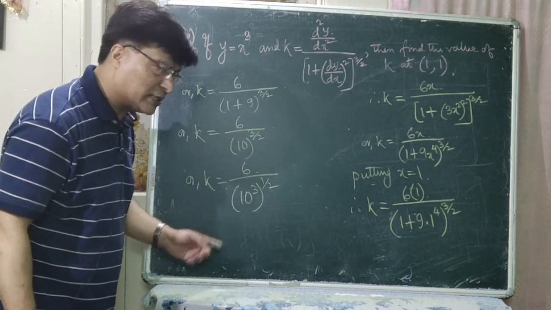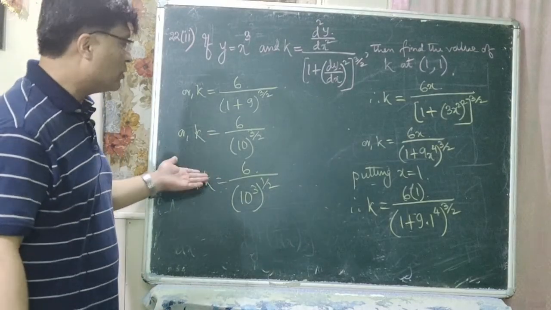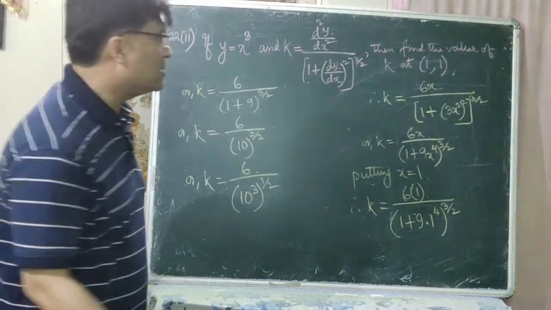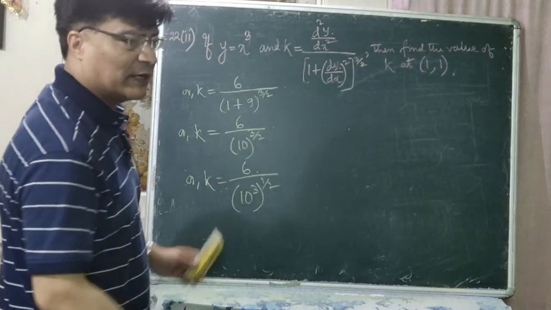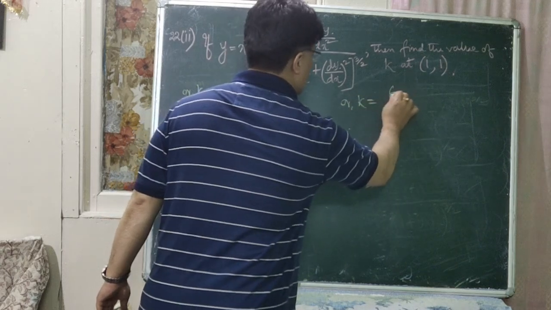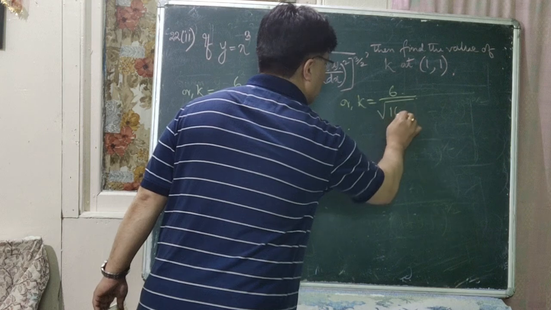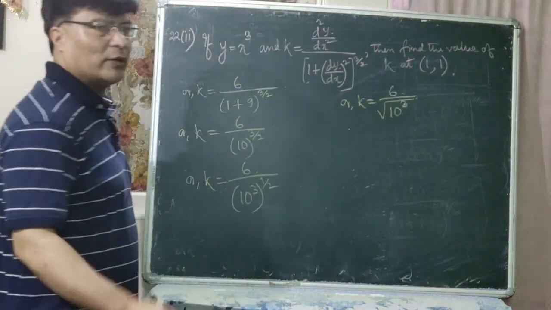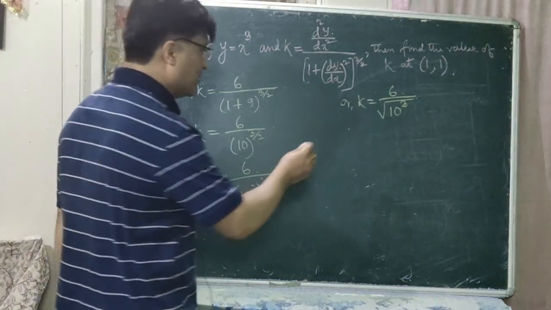So it can be written as 10 cube whole to the power half. And you know that whole to the power half means square root, right? The whole to the power half, what is it? Square root. Or k is equal to 6 divided by, whole to the power half means square root of 10 cube. So what is square root of 10 cube? You know that square root of 10 cube is 10 root 10, isn't it?